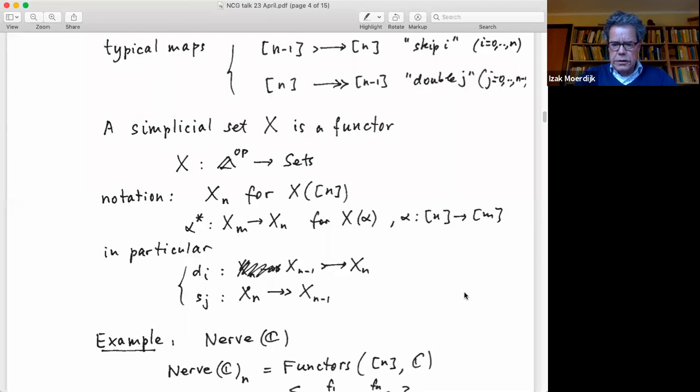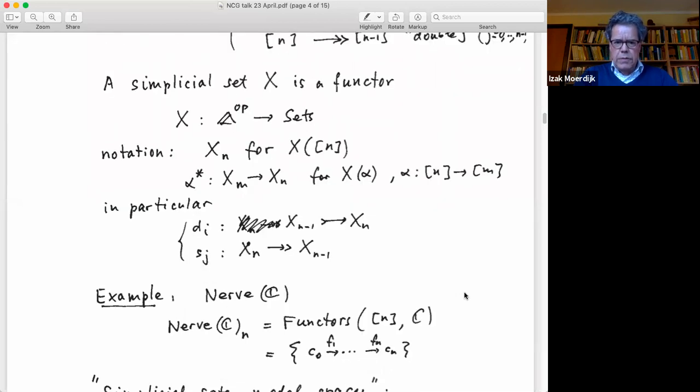Okay, relevant for us is the example of a nerve of a category. So the geometric realization of this particular simplicial set, the nerve of C, is the classifying space of C. And one way to define it is by saying that its value at n is the functors from n to C, because n is a linear order, so a partially ordered set, so you can view it as a category.